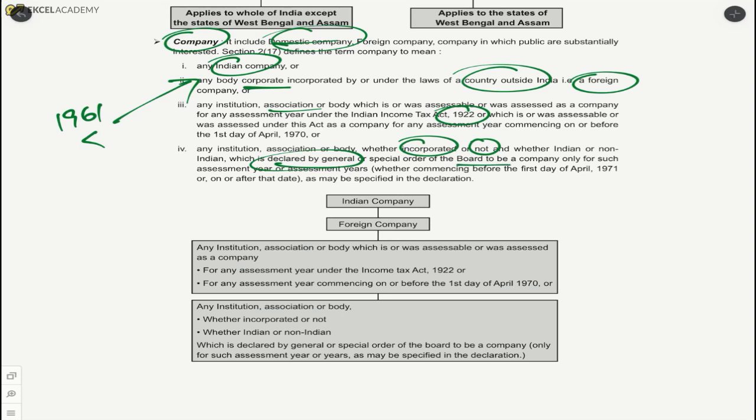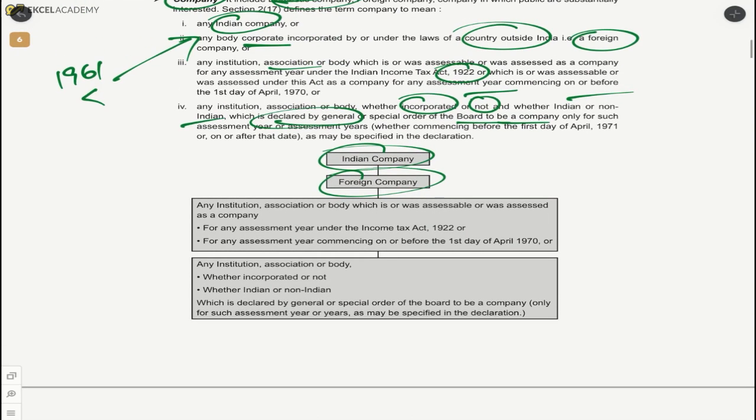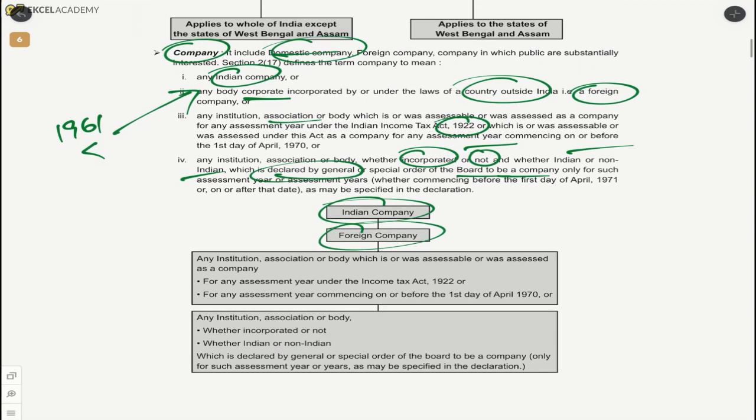That means even though it is not incorporated, whether it is Indian or non-Indian, as long as it is declared by special order of the board to be a company, then that will also be considered as company. Basically what we have to remember is we have only broadly two categories: Indian company and foreign company. So those two categories of companies also come under the definition of person.